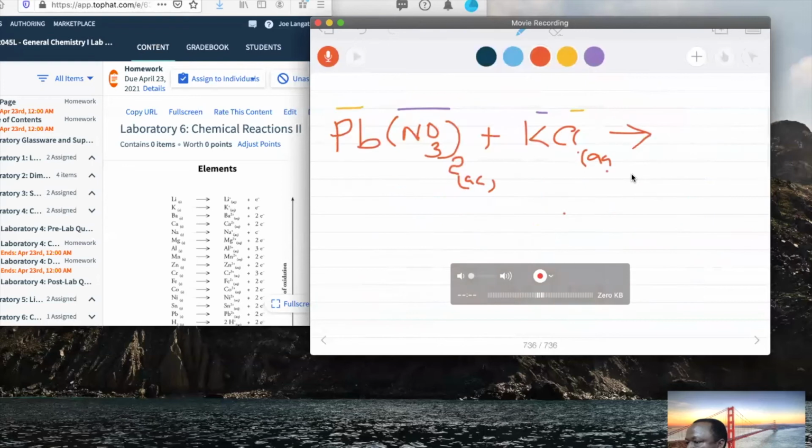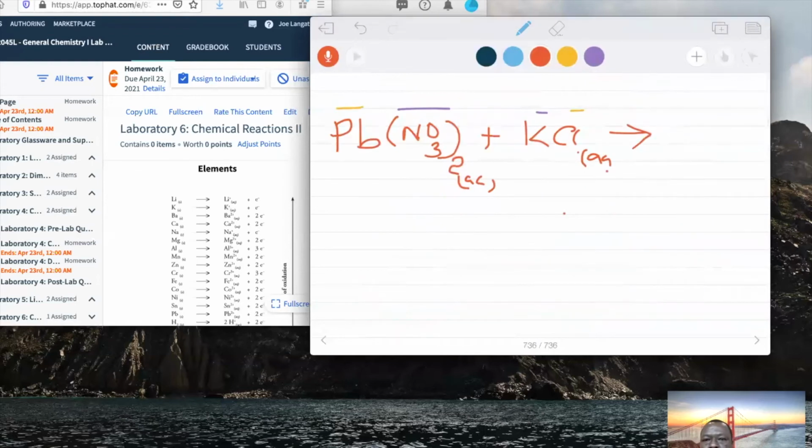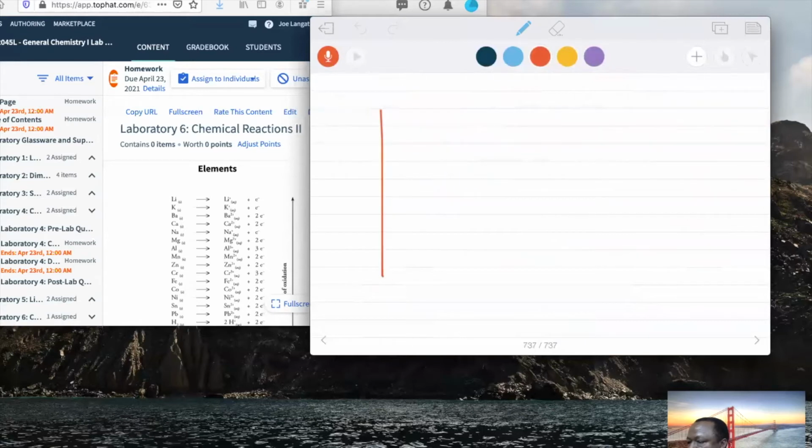So far, I have the chemical formulas for my reagents. I'll recommend that you use some cartoon if you have difficulty writing the correct formulas of your products. For a double replacement reaction, they switch the ions.